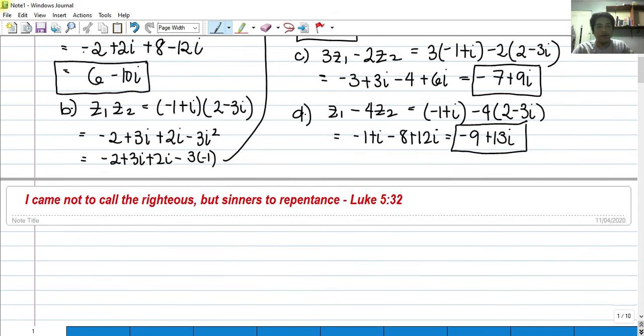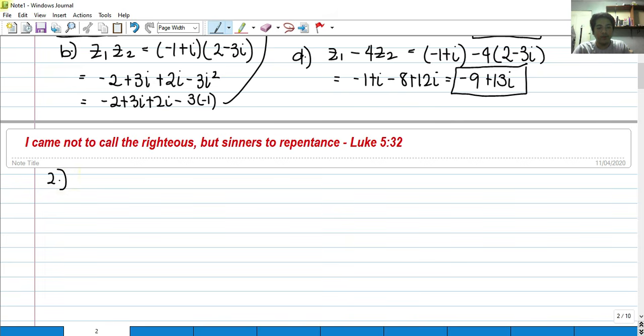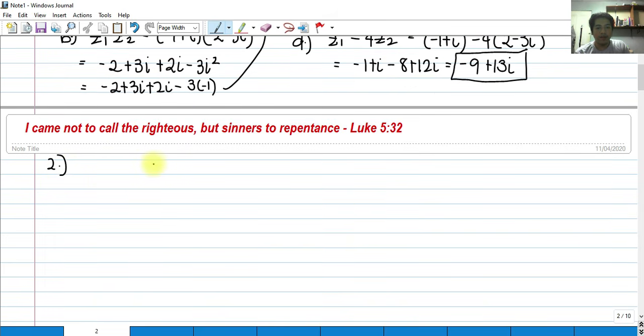So for number 2, that's number 1 only. How do we find the operation of this complex number?